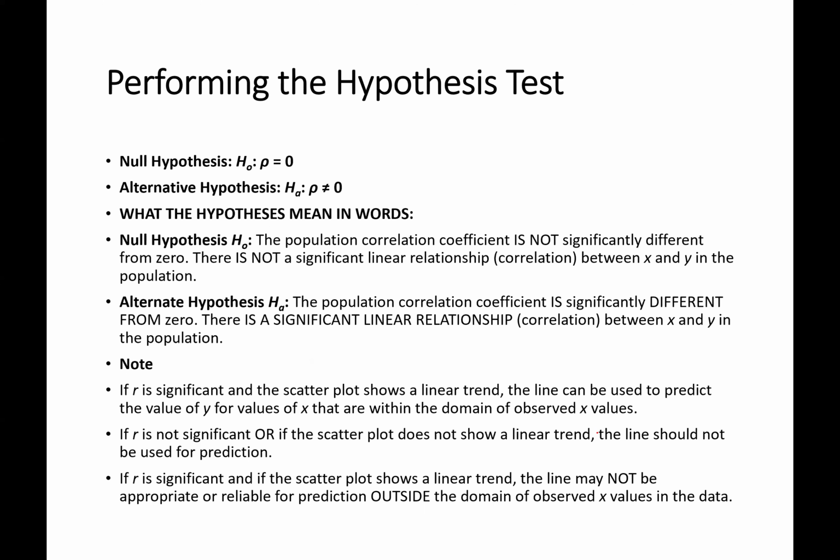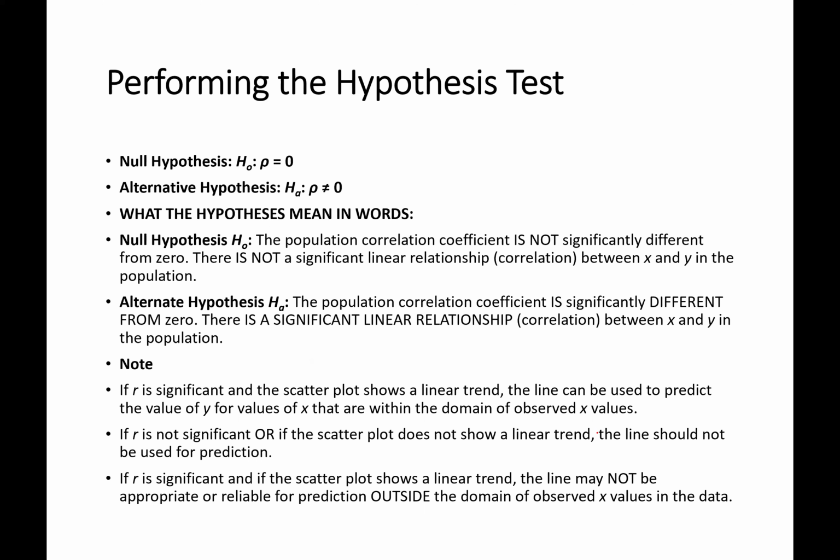As a matter of fact, one of your problems says, can I use this to predict? And the answer, I think, on all the problems is no, because the X you're trying to predict a Y for is beyond the scope of the problem. So it needs to be in the domain, in the values of X.